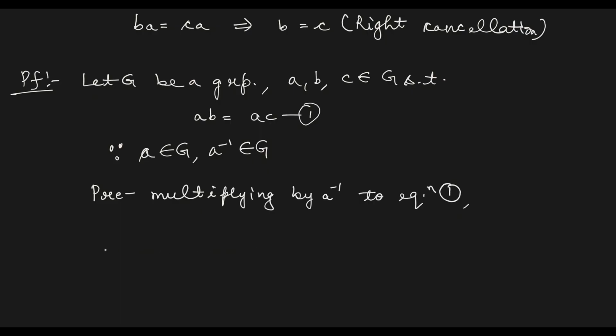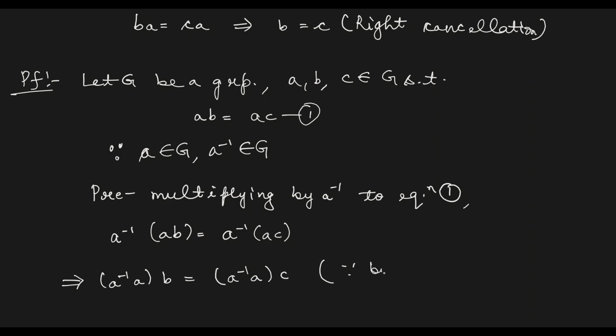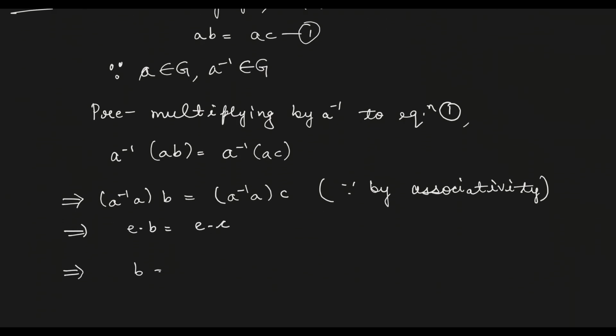So a inverse ab is equal to a inverse ac. This implies a inverse a into b is equal to a inverse a into c by associative property, because G is given to be a group. This implies e into b is equal to e into c, b is equal to c.